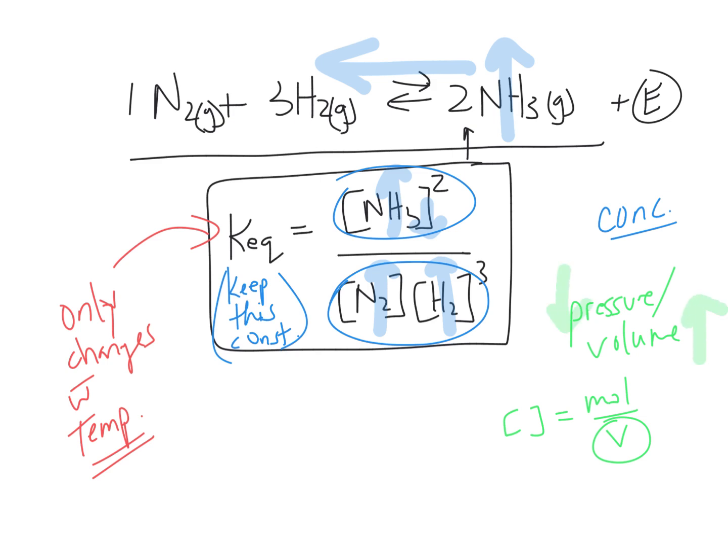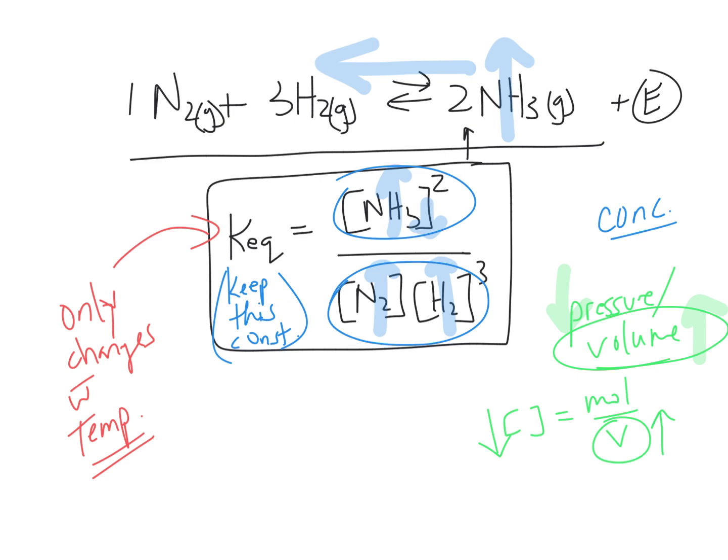That's going to result in a decrease in pressure, but mainly I want to focus on the volume factor because I'm going to try and correlate it to concentration. If we increase the volume, what happens to concentration? Well, if we increase the denominator, concentration is going to fall. So we would be decreasing the concentration of all of them.